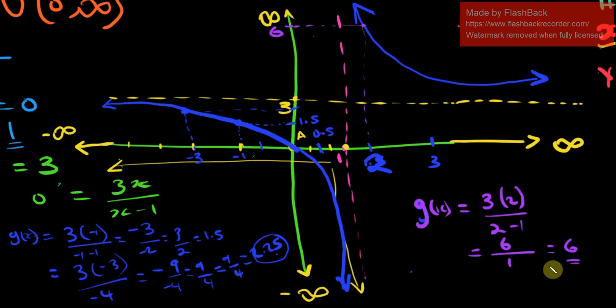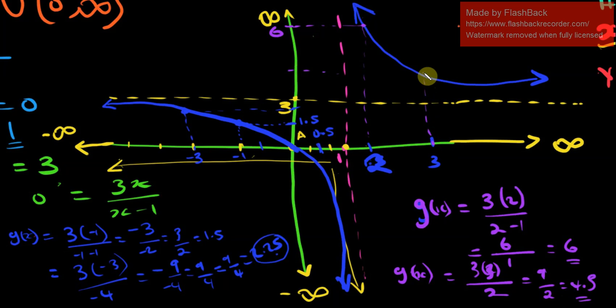Okay, when x is 3, that's 3 times 3 divided by 3 minus 1, which is 2, and 9 over 2 is 4.5. So there you have it.